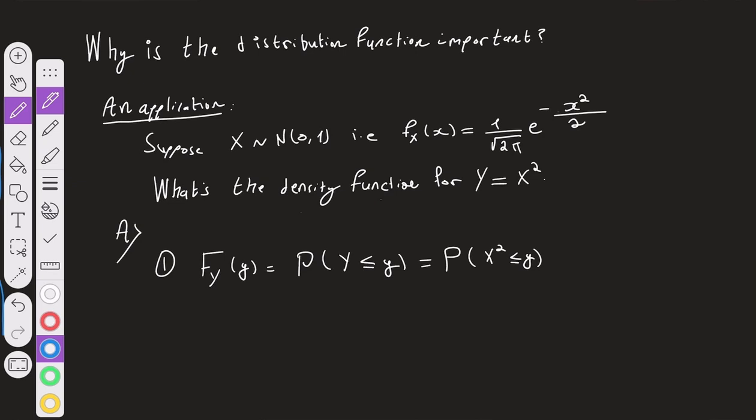We've previously defined random variables and probability spaces, and we've said that for every random variable there's an associated function, its distribution function, defined as the probability of X less than or equal to x.